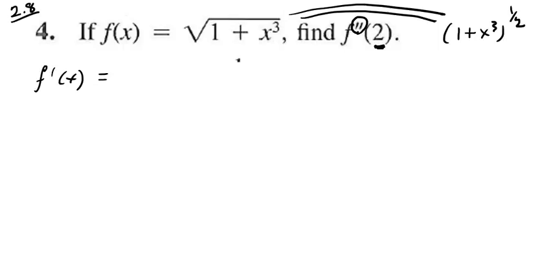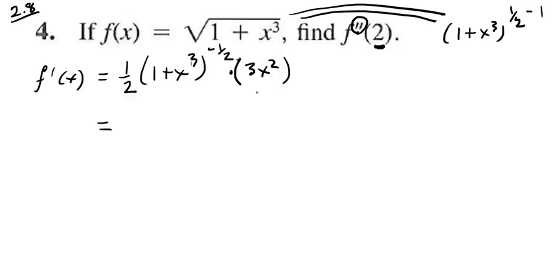So that's going to make the power rule just a little bit easier if you want to show that. You don't have to. So this is going to be 1/2 times 1 plus x cubed to the power of 1/2 minus 1 now. So that's negative 1/2. And then we're going to multiply by the derivative of the inside. There's the chain rule part, which is going to be 3x squared.